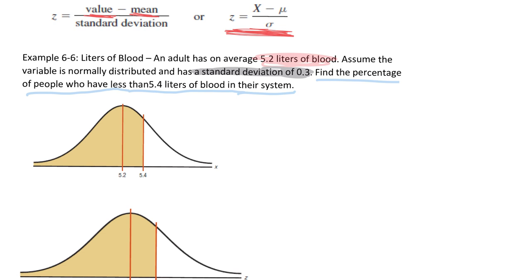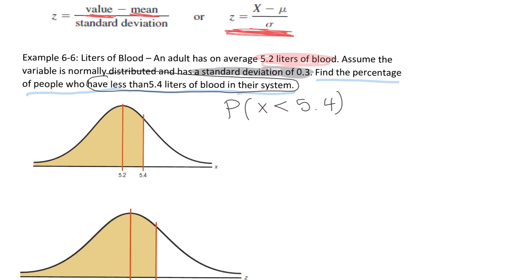So the first thing I want to point out is that you're going to see it written as the probability of X less than 5.4. So this is one way they can write the same question. And the reason why it's less than is because it's asking us to find less than 5.4. So you're going to see that notation in your homework.